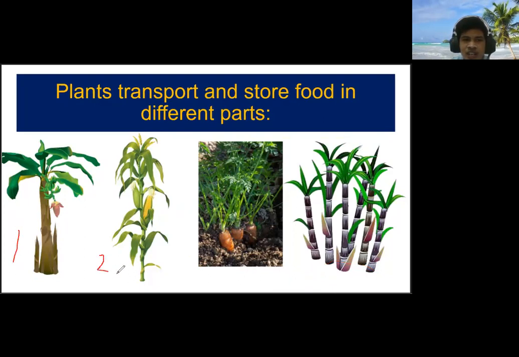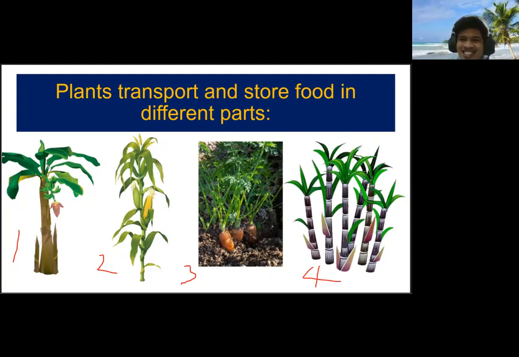In number three, in which part of the plant is food being stored? Who can help Chertam? Number three, they are stored in the roots.